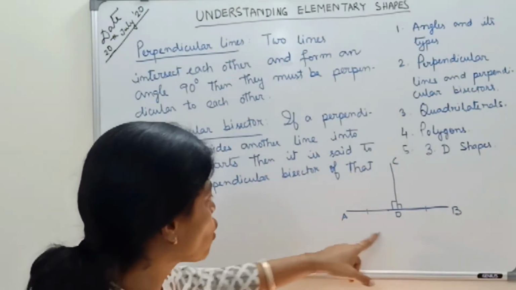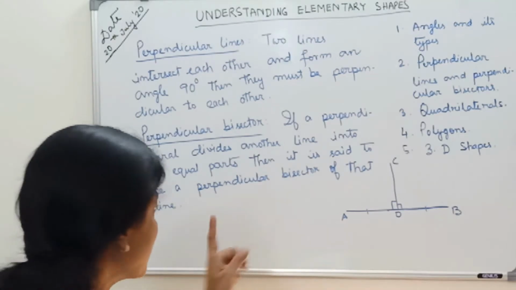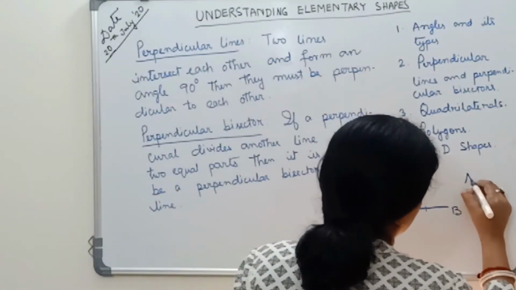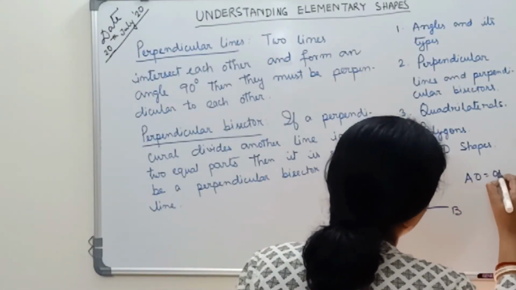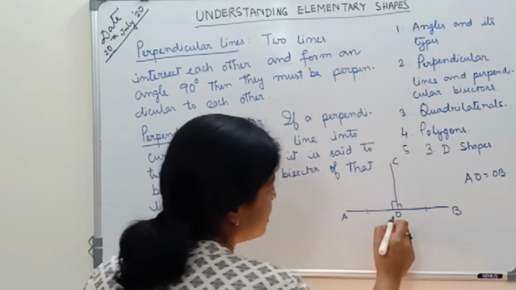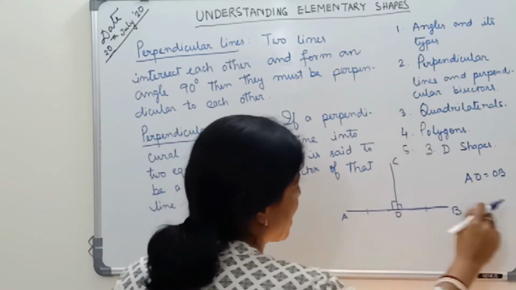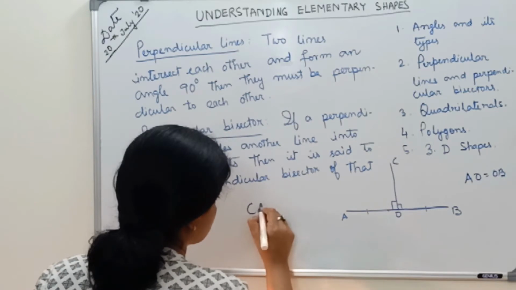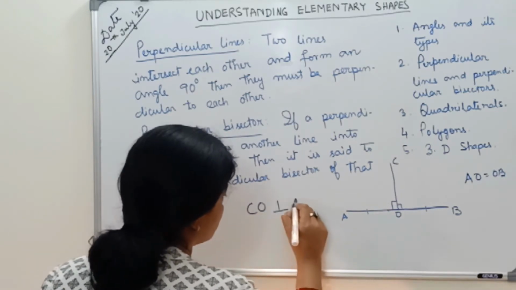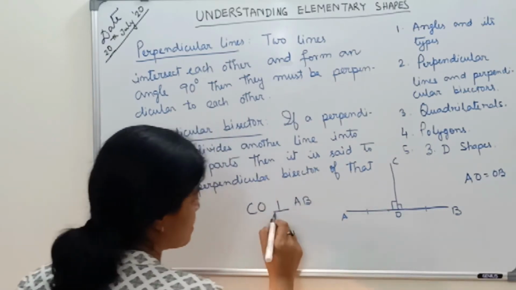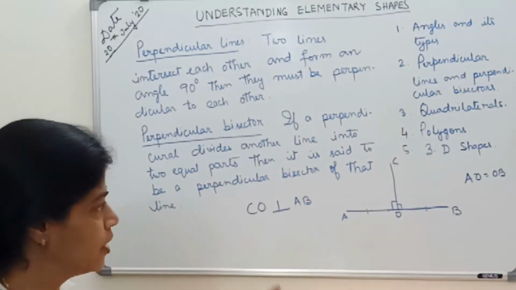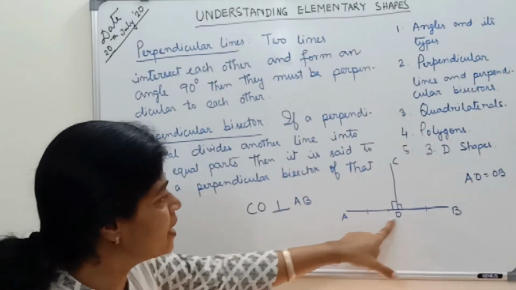Then this line is called a perpendicular bisector. This is written as CO perpendicular to AB. This symbol is used, and it is called perpendicular.